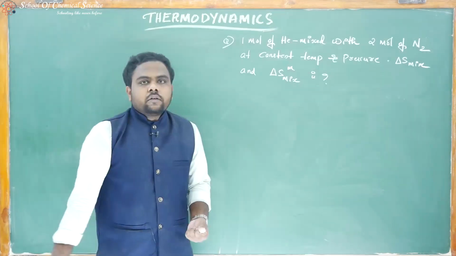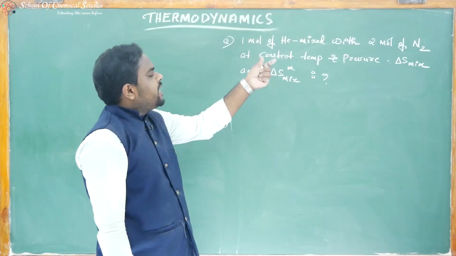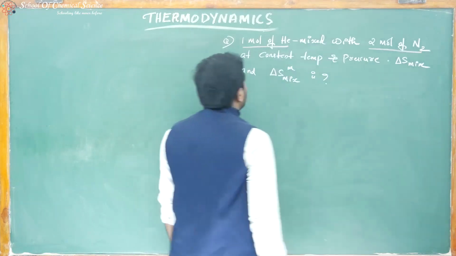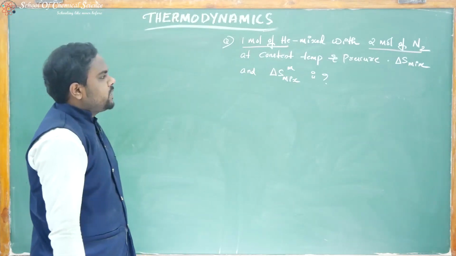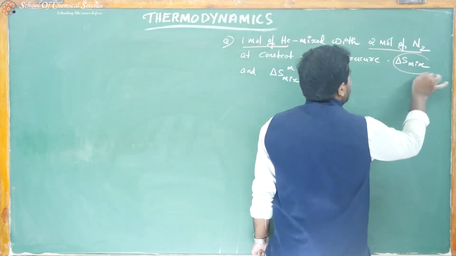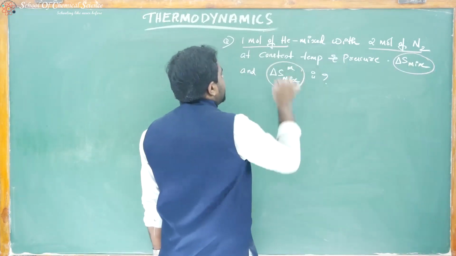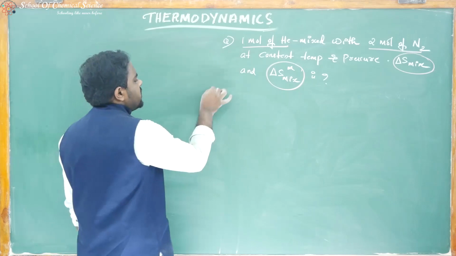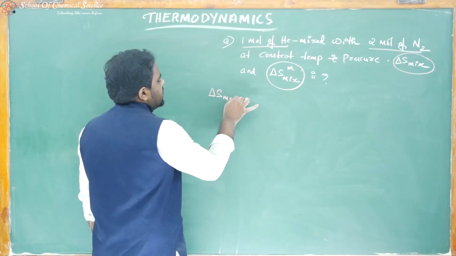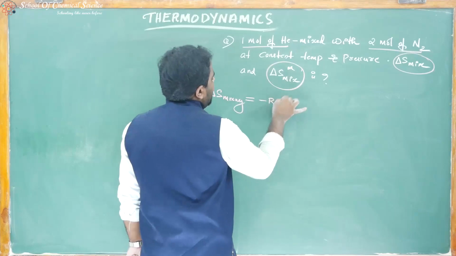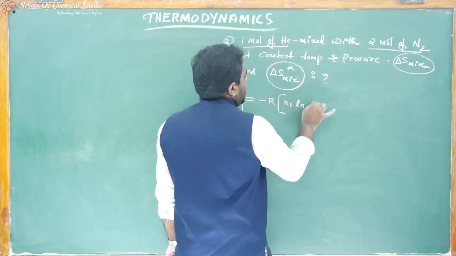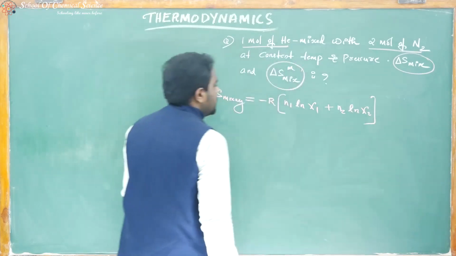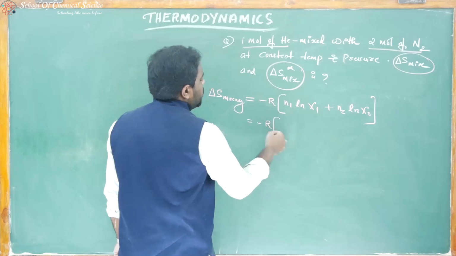Next question. 1 mole of helium and 2 moles of N2 are mixed at constant temperature and pressure. Here you have to find delta S mixing and the molar entropy change for mixing. What is the equation? Minus R into bracket N1 ln chi1 plus N2 ln chi2.